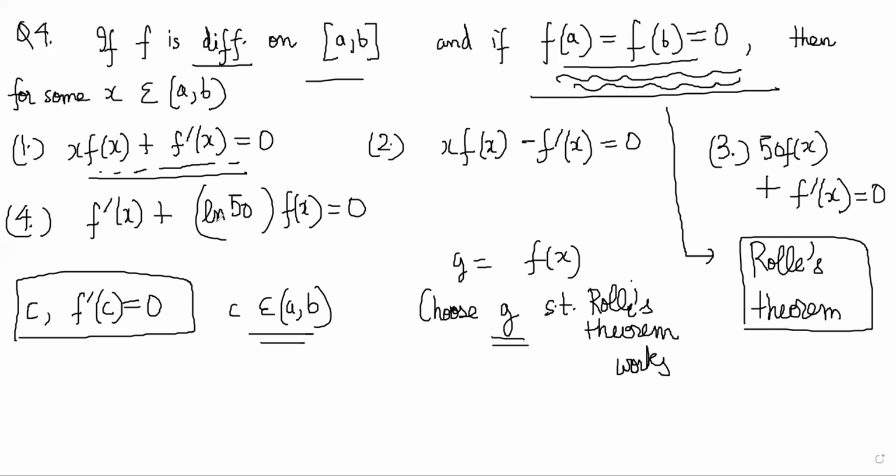Once you apply Rolle's theorem on g, you will say g dash c should be 0. So you will get x f of x plus f dash x is equal to 0. That is the whole point. So what g will you choose? That is the whole question.